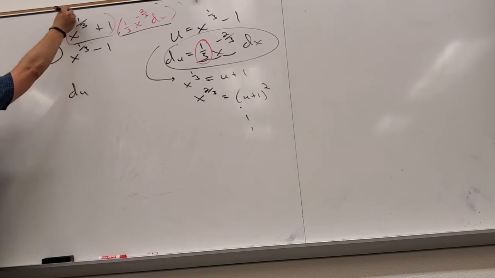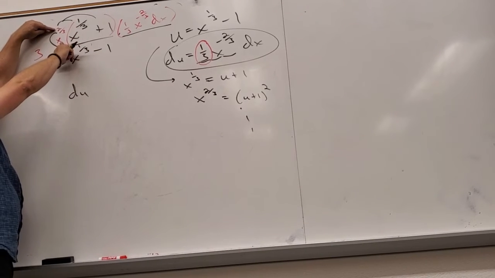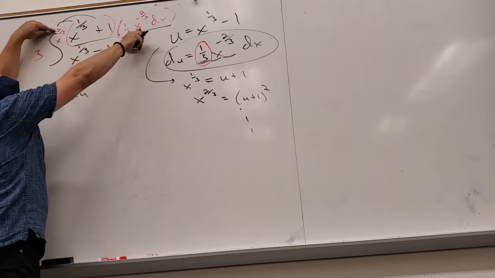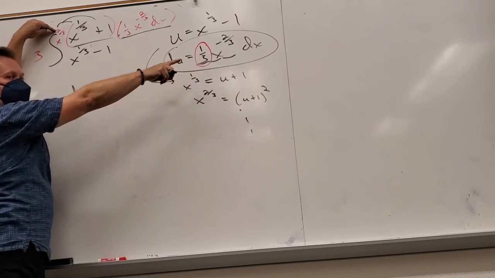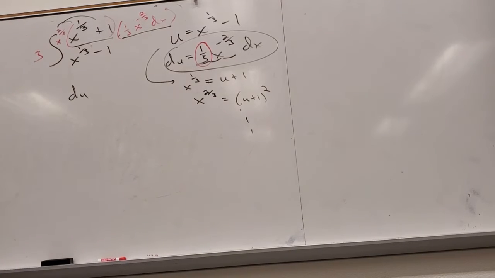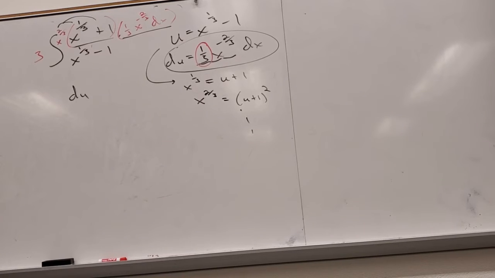What do I get when I distribute this? By the way, everybody cool with this being here? Why is this here? We had to, to counterbalance that. Why is that there? Because I need it for du, yes? This is very different from what you normally do with u sub, yes? And it's positive, right? Which one? The one on the left.